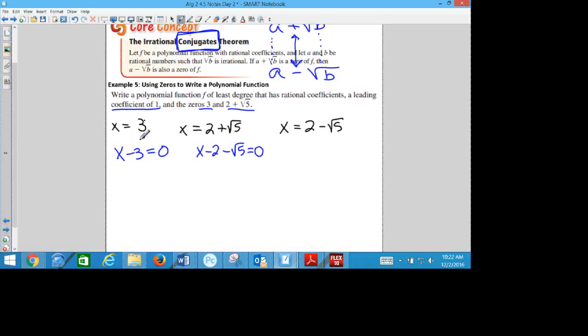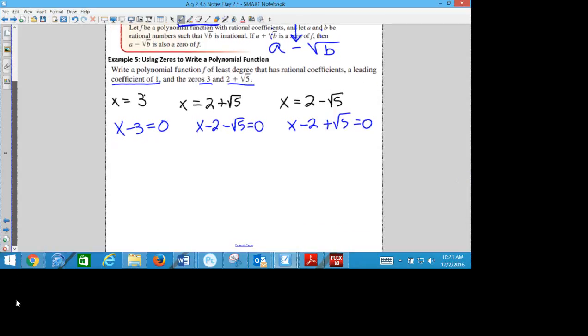Okay, how did I get the minus 2 and the minus square root 5? What did I do? Brandon, what did I do? I subtracted both of them, right. So for this one over here, I'm going to have x minus 2, and then if I subtract minus, or is add square root 5. So after we have them all equal to 0, then what do we do?